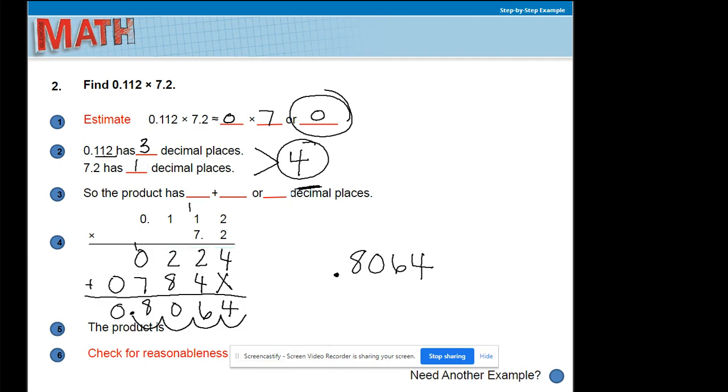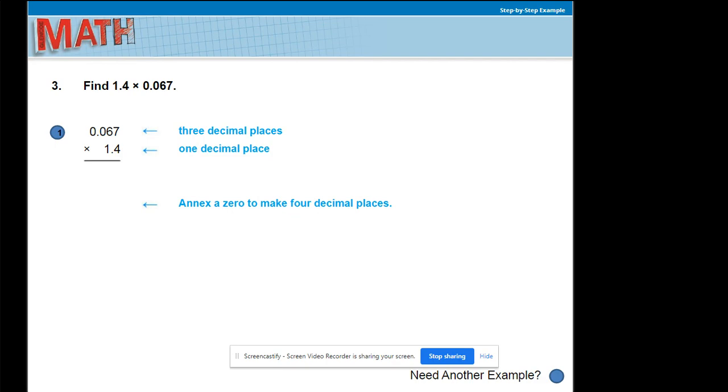Alright. Continuing on. We are going to find what 0.067 times 1.4 is. So remember, we have 3 decimal places up top and 1 on the bottom, so that gives us a total of 4 decimal places.